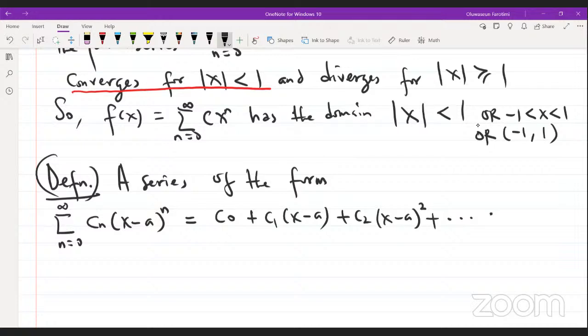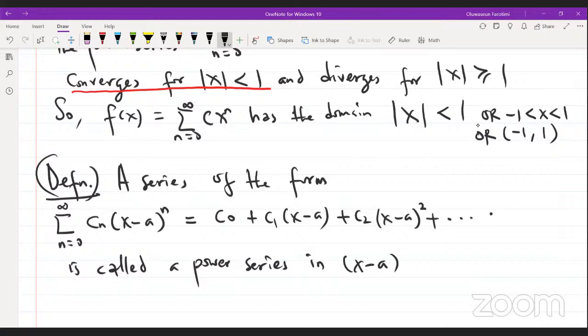A series of this form is called a power series, but not just a power series, a power series in x minus a. If you don't want to call it that, you can just say we call it a power series centered at a.